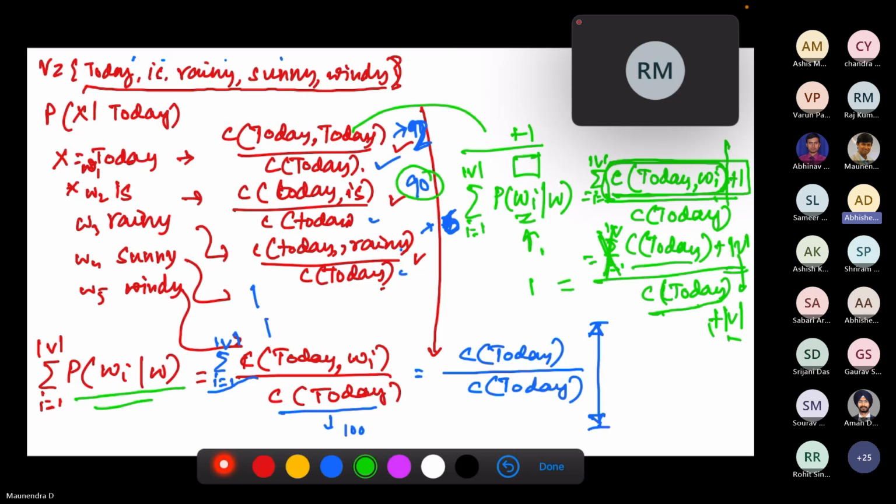But now it will be 1 divided by the total number. Is this not skewing your probability towards one side? This is a very good observation. If your collection has many terms in the vocabulary and is not very large, then these kinds of things will occur.